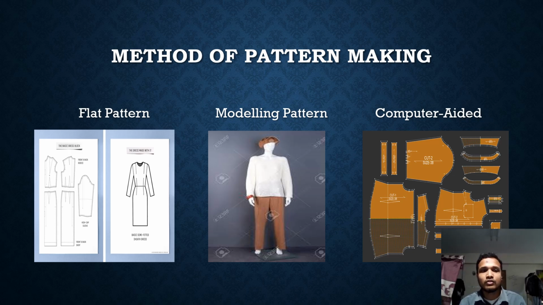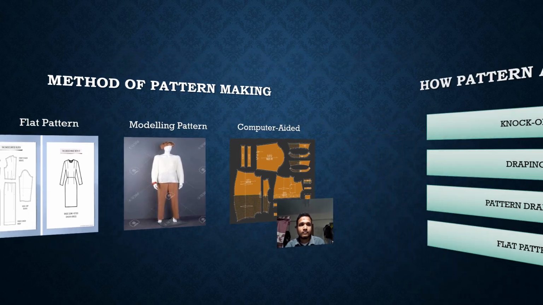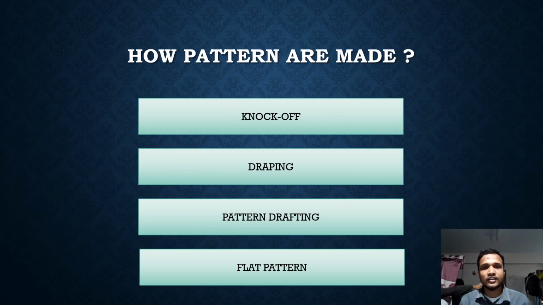In this method the pattern is made by standard body measurement of a dummy. It is very difficult and higher time is required. The next slide is how patterns are made: knock off, draping, pattern drafting, and flat pattern.